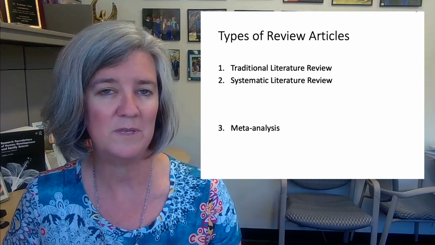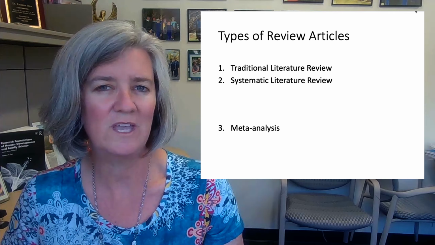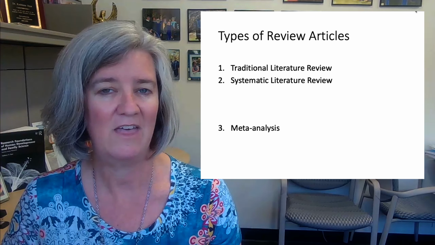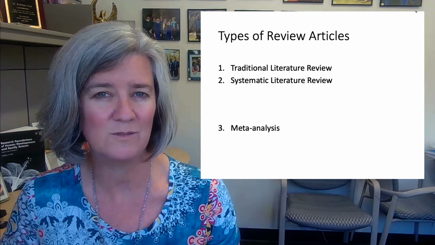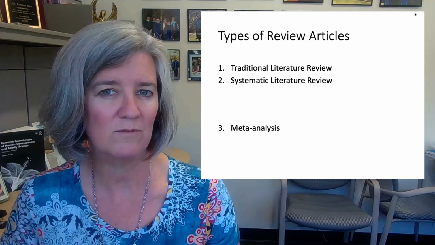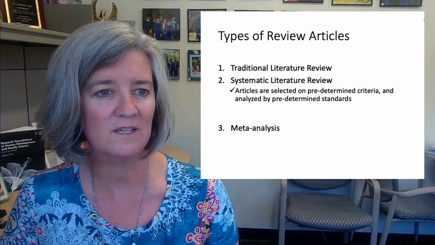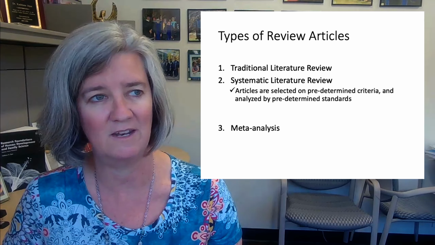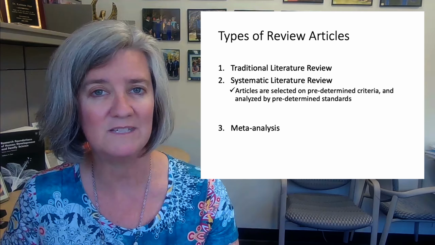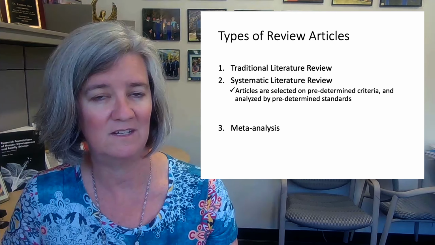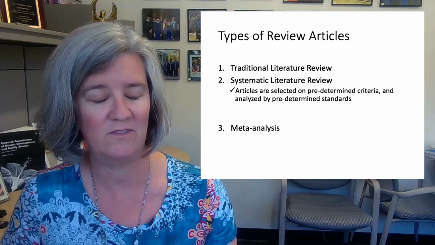The author may be looking for evidence to back up a pet theory, for instance, and the reader won't really know that's what's happening. The systematic review overcomes that problem by being very intentional and specific and explicit about the way that articles are selected to be included or not in the review.